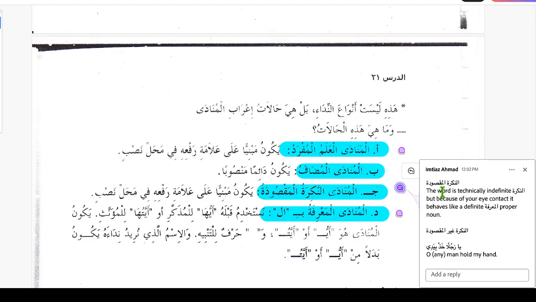An-nakira al-maksuda, the word is technically indefinite nakira, but because of your eye contact it behaves like a definite marifa, proper noun. So the word, although you're calling a specific person, is nakira, but it behaves like a definite proper noun. So this was the nakira maksuda, the person that you intend to call.